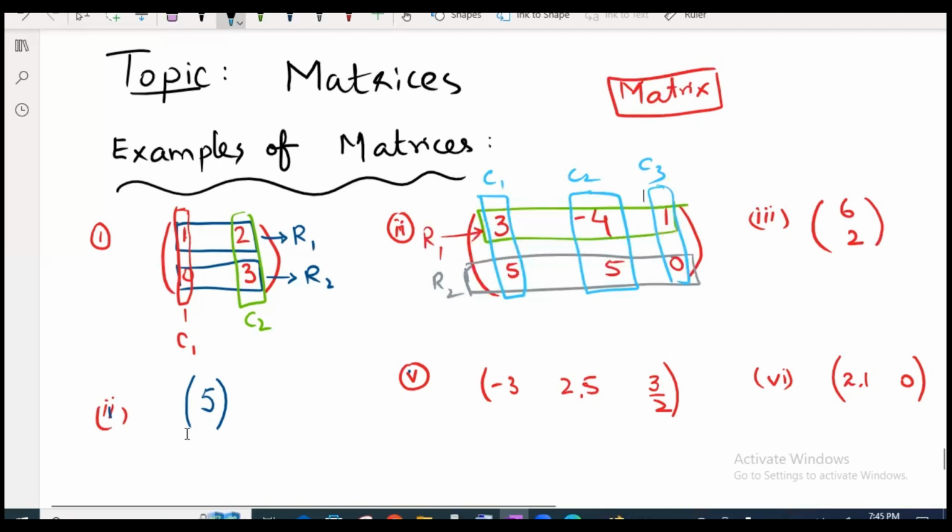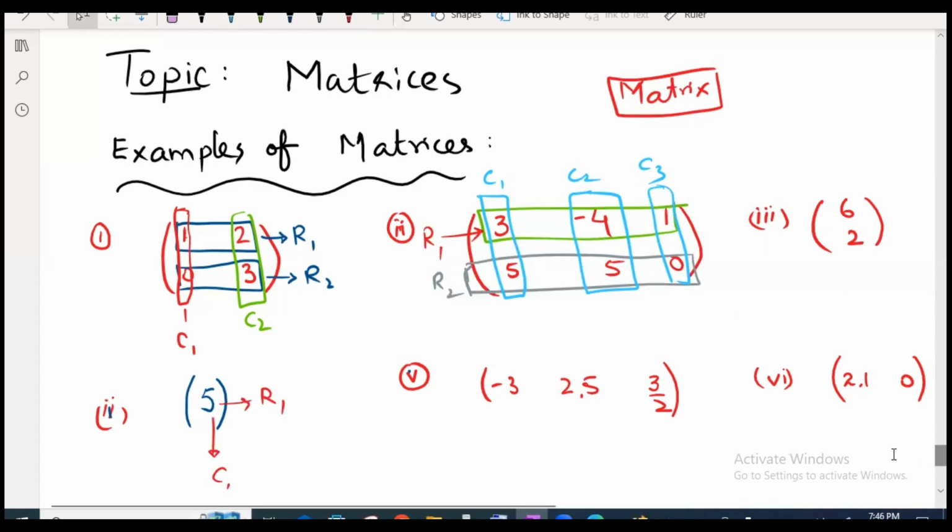How many rows and columns? 1 row, 1 column: R1 and C1. A matrix can contain all real numbers: negative, 0, square root, cube root, fractions. All real numbers.